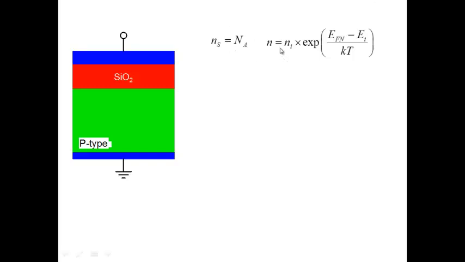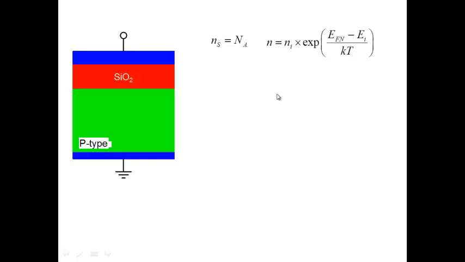N, we have said, is equal to Ni exponent EFN, Fermi level. Now, when I apply a voltage, I don't have, strictly speaking, a Fermi energy, but I can talk about a quasi-Fermi level. So N equals Ni exponent (EFN minus Ei) by kT. That's an expression that we have seen earlier. Now, the reason why I'm writing this expression is because I'm looking for this condition, Ns has to be equal to Na.